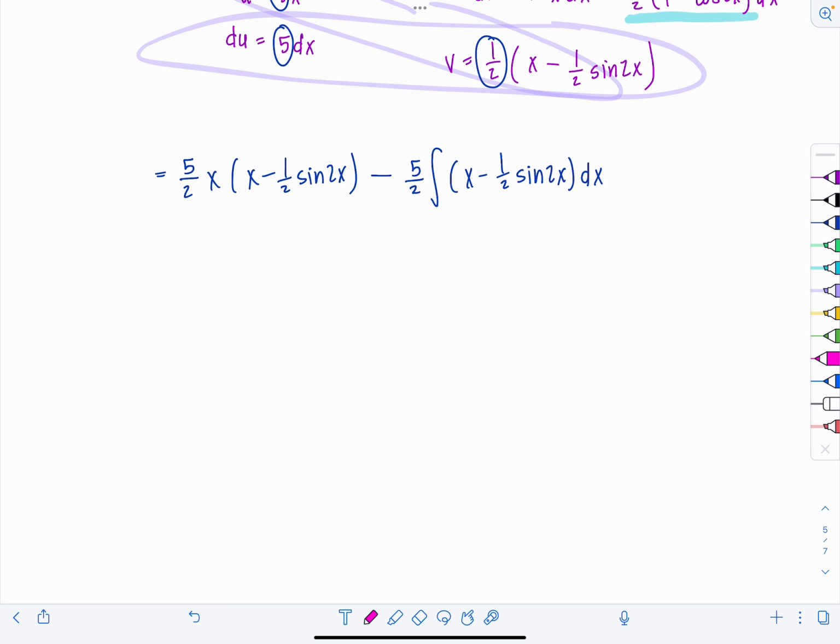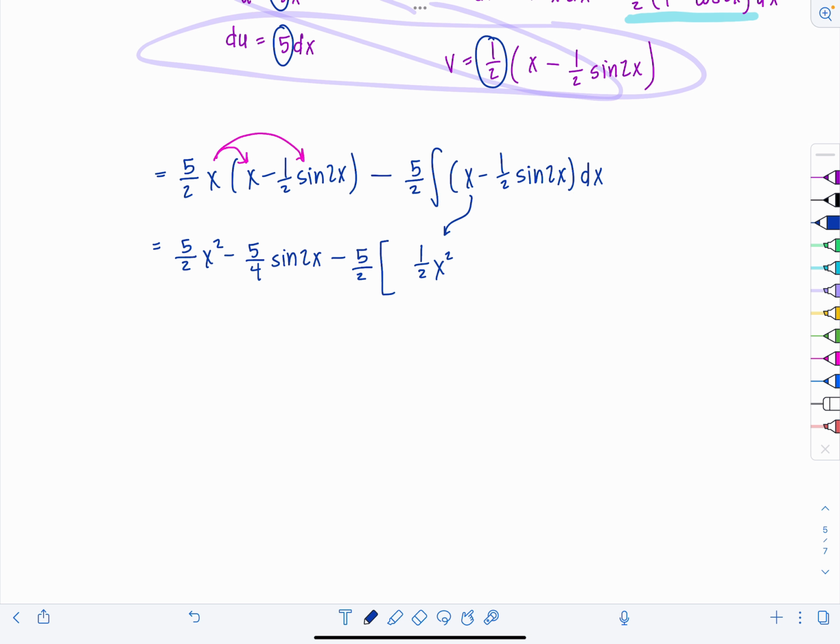Here we go. We can start distributing, right? This 5 halves times x, why not? So 5 halves x squared minus 5/4 sine 2x minus 5 halves times the integral. We're ready to integrate this sucker. So antiderivative of x, 1/2 x squared. Antiderivative of negative 1/2 sine 2x.